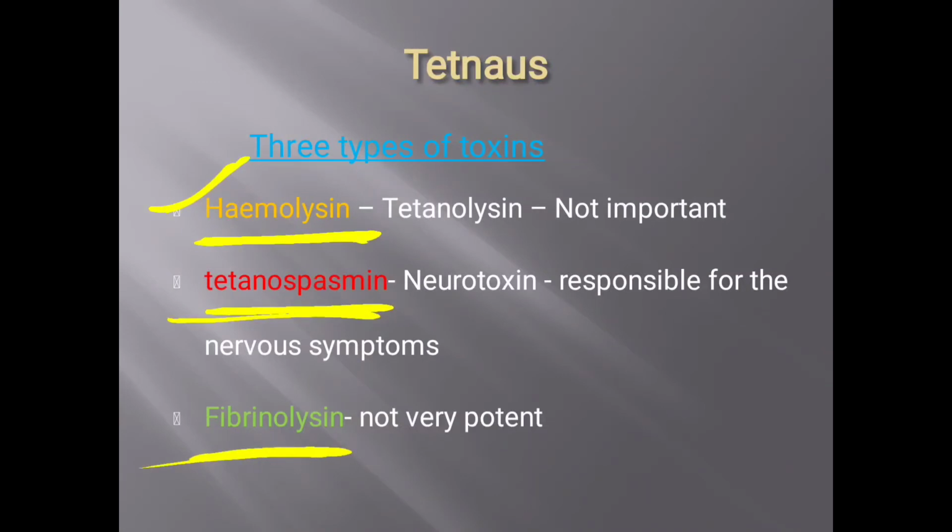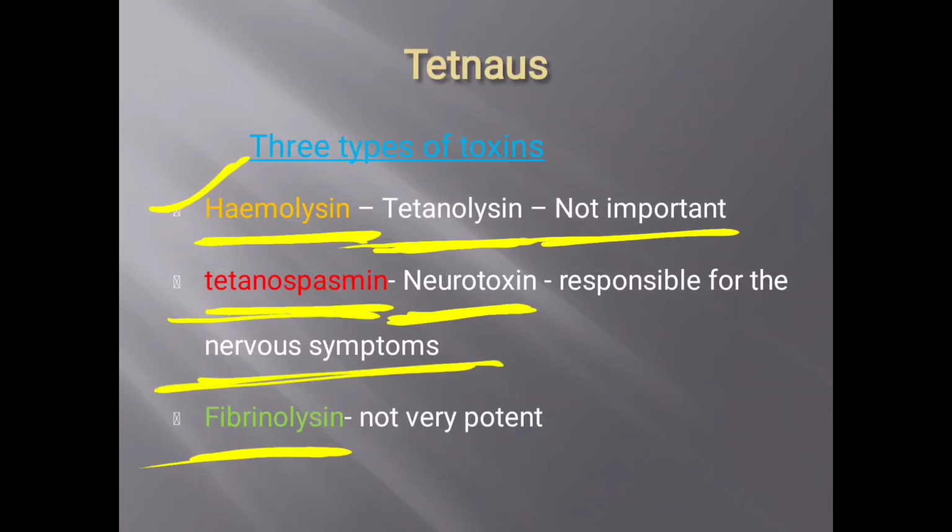Hemolysin plays a major role in the lysis of blood cells, and is also known as tetanolysin, which is not that significant. The most important and most significant toxin is tetanospasmin, also known as neurotoxin, which is responsible for the nervous symptoms. And the last one is fibrinolysin, which is also not very potent.